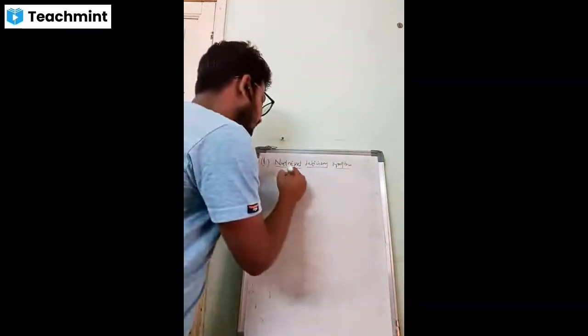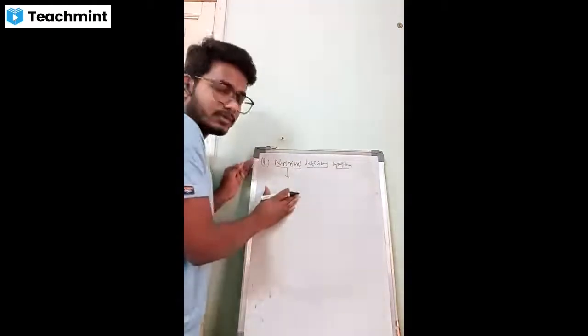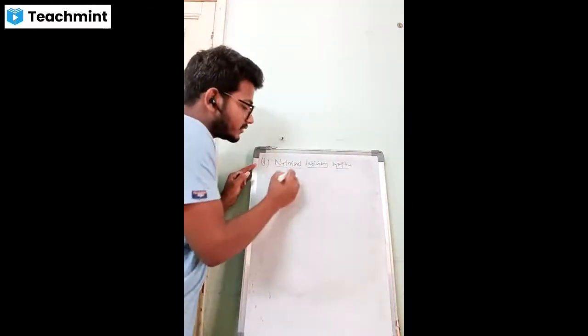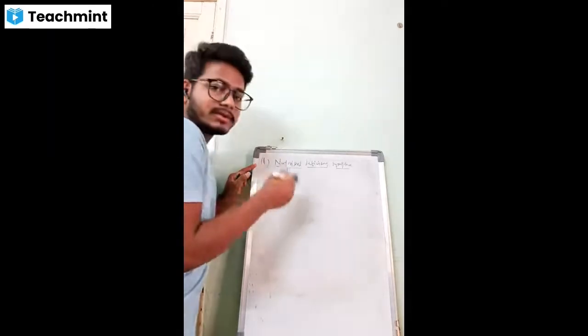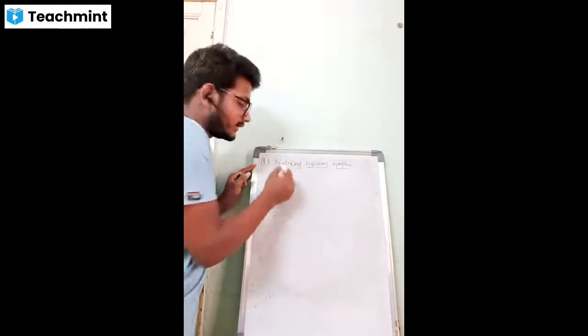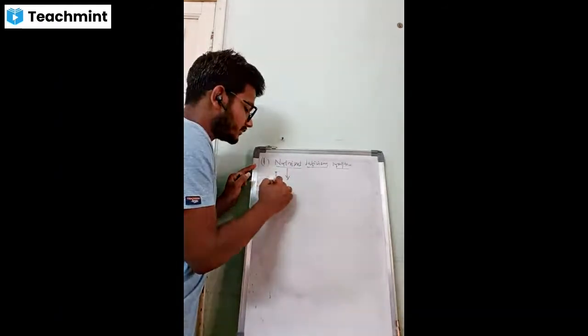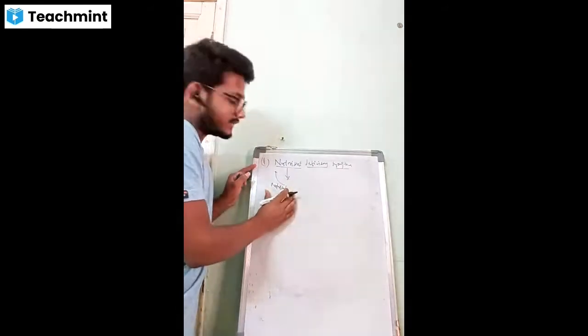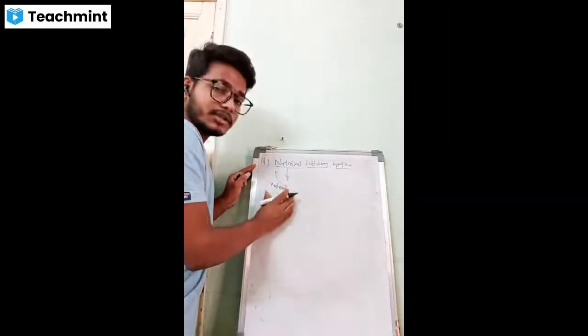One is nutrient. Yesterday only I told you, nutrient will be essential. For growth and development of any living thing, we require food in the form of nutrients. So plants require food in the form of nutrients.